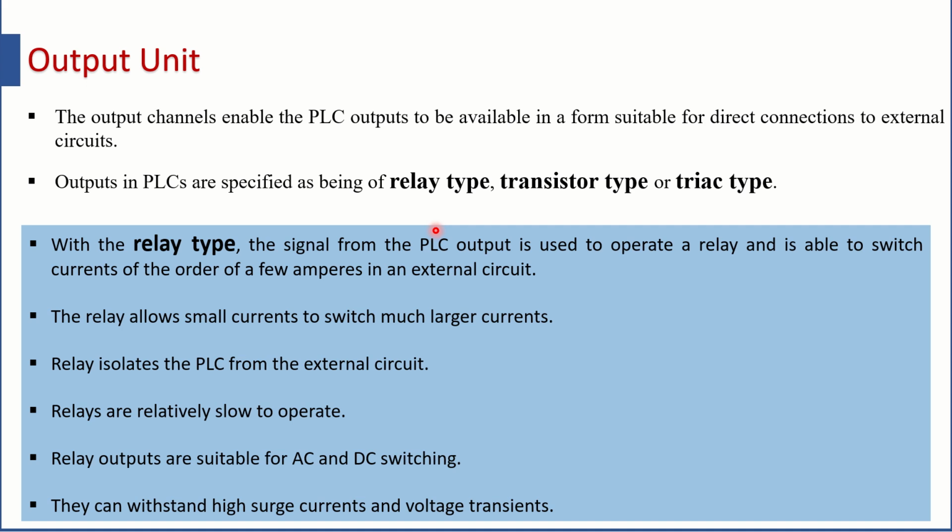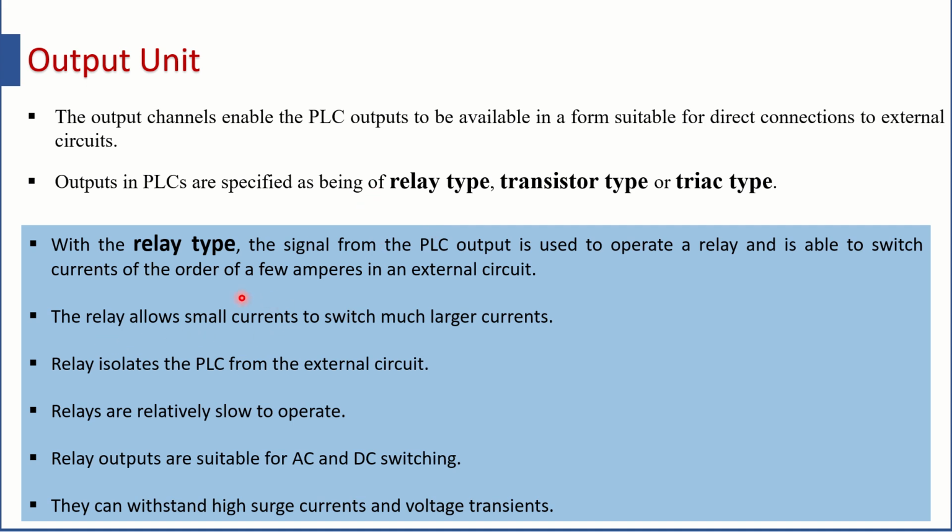Generally, when we are connecting a relay to a PLC output signal conditioning element, we do not have the NC connection. We normally have the NO and common available. We will see these things in further detail later in this lecture.